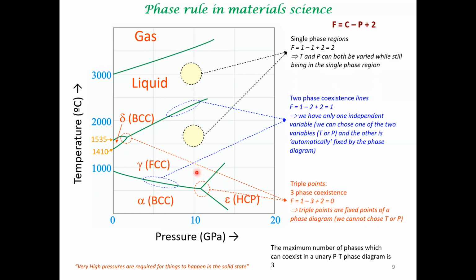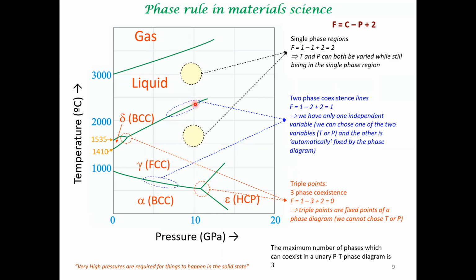Once I fix these three phases to be in equilibrium for this particular system, I really don't have any choice. If I want the equilibrium of these three phases, the system decides when that is possible. You really do not have a choice. So instead of a coexistence line, I have a point, a coexistence point.